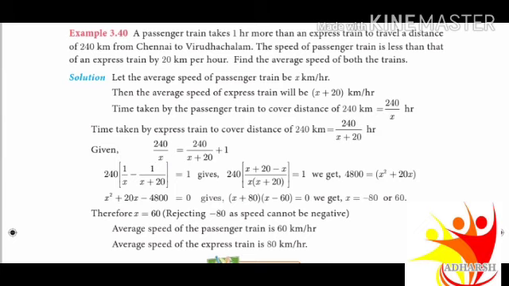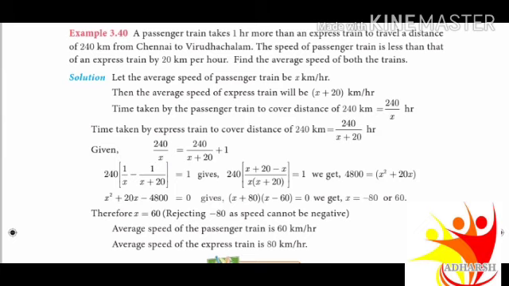Solution: let the average speed of the passenger train be x km per hour. Then the average speed of the express train will be x plus 20 km per hour, because the speed of the passenger train is less than the express train by 20 km per hour.